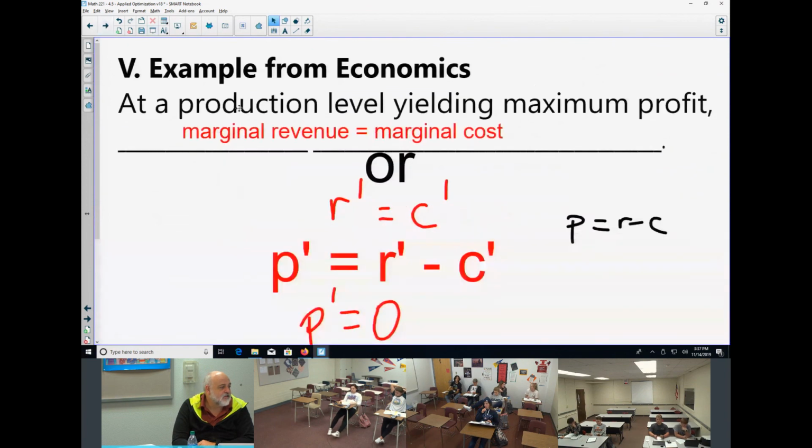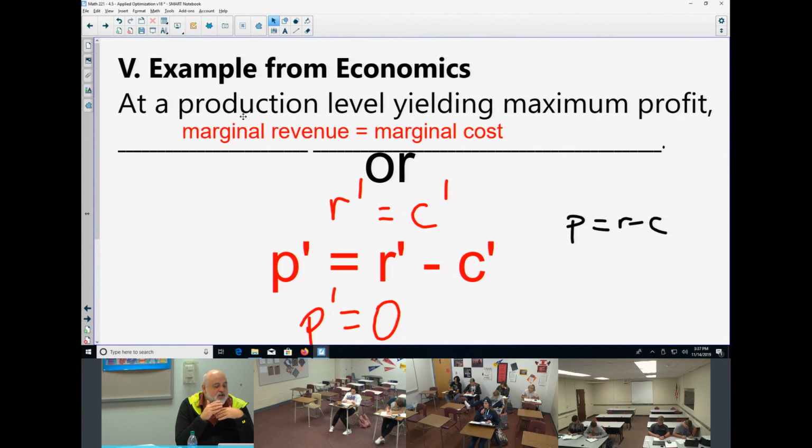Okay, let's go to part 5, an example from economics. At a production level yielding maximum profit, the marginal revenue is equal to the marginal cost. Remember, marginal means take the derivative. So the marginal revenue would be R prime, and the marginal cost is C prime.